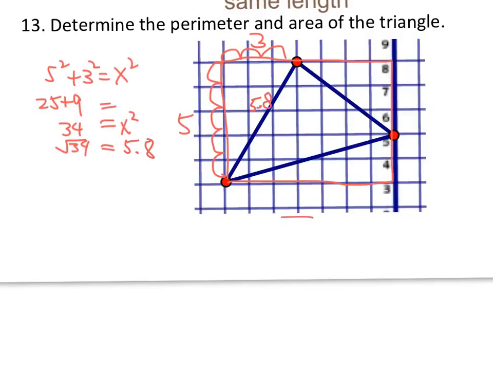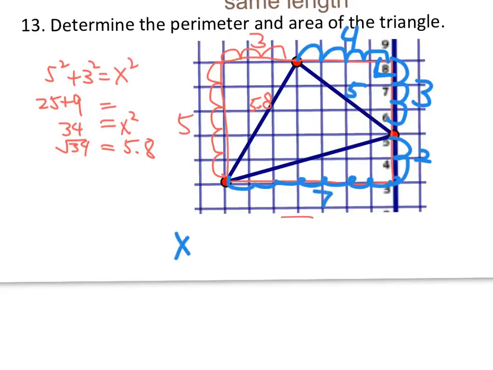Okay, next distance. The next distance I could see is 4 by 3, so that makes a 3, 4, 5 right triangle. So that second distance is a 5. And finally, I'll count my distances for my third triangle. It's 2 by 1, 2, 3, 4, 5, 6, 7. So calculating that out, I'll have x squared is 2 squared plus 7 squared.